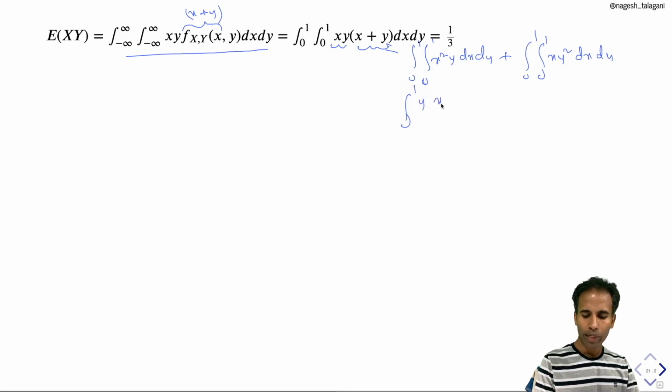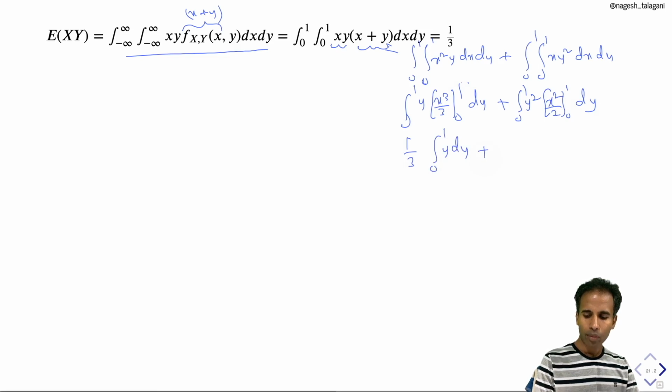So y times x cube by 3, limits 0 to 1, dy, 0 to 1, x square by 2, 0 to 1, dy. Then this value is going to be 1 by 3. Let me write out integral 0 to 1 y dy, and x square by 2 after applying limits is going to be 1 by 2.